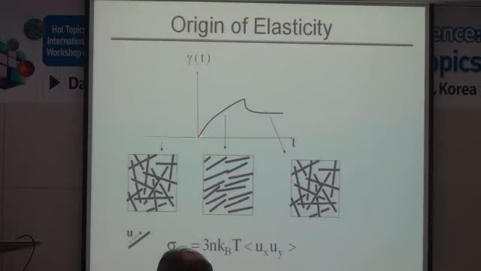the flow starts, and the shear strain increases like this. And at this point, we set the shear stress equal to 0, and therefore the relaxation. Then the rods tend to go back to the isotropic state.